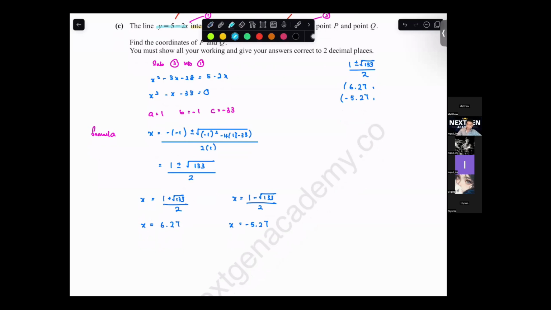If they say correct to 2 dp, then for the y value, I substitute into equation 1. Sub x into 1. So 5 minus 2 times 6.27, and 5 minus 2 times negative 5.27.